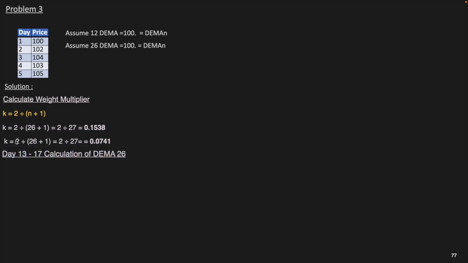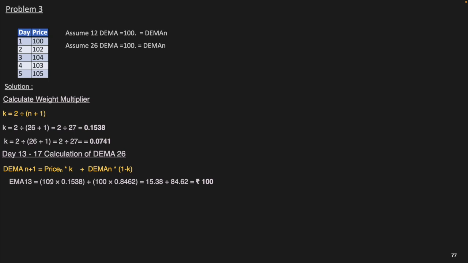So now, if we assume that it is day 12 or day n, then we have to calculate day n plus 1, n plus 2, n plus 3, n plus 4, n plus 5. So what is the EMA formula? EMA formula is price of today into K plus EMA of yesterday into 1 minus K. There are two different ways of doing it.